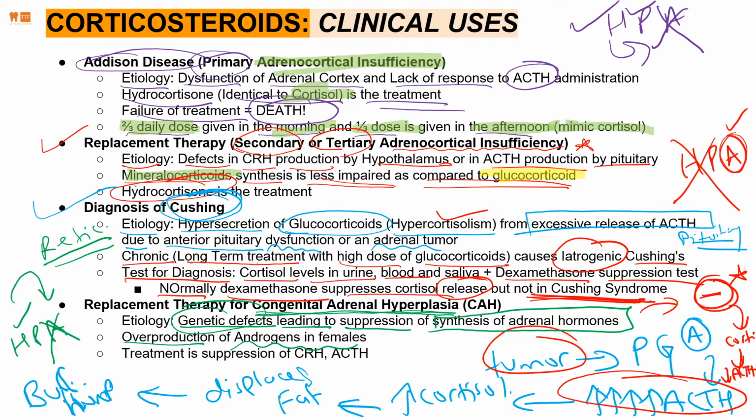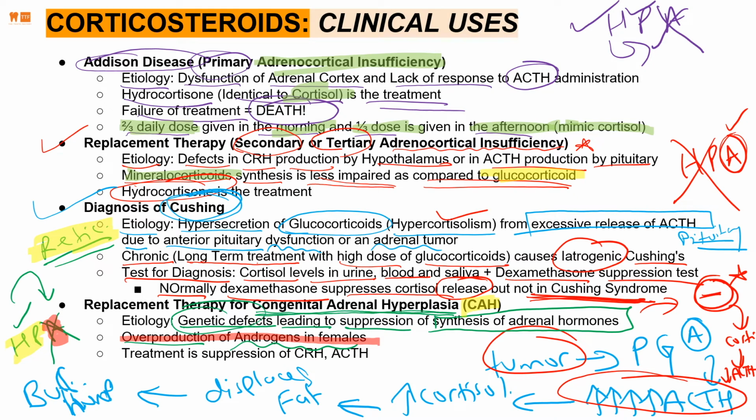In this particular case of CAH, the reticularis is hyperactive from the hypothalamus and pituitary hormones, while the rest of the adrenal gland is suppressed. Therefore, there is an overproduction of androgen in females.